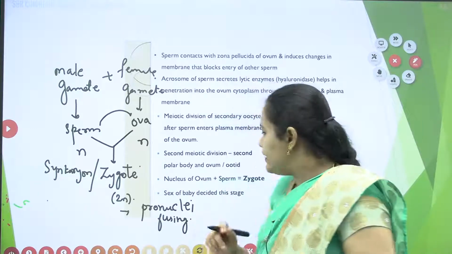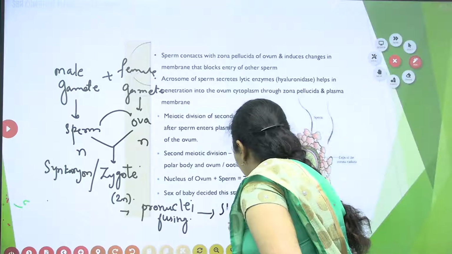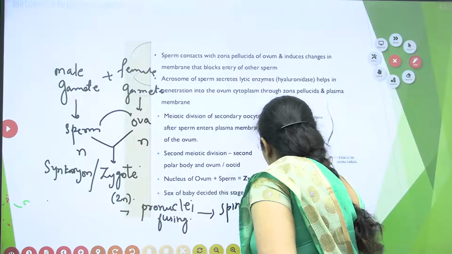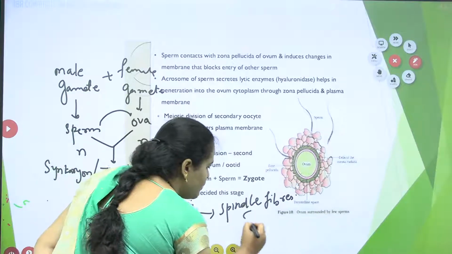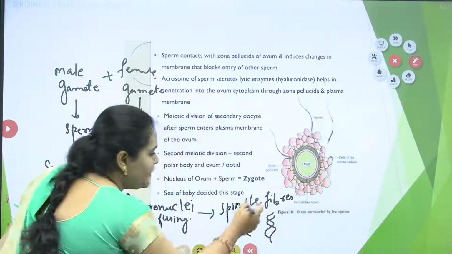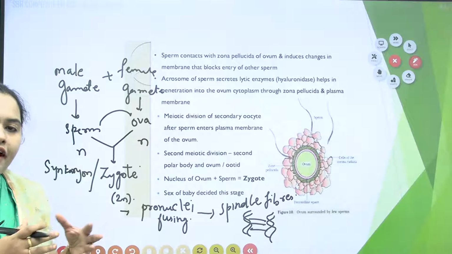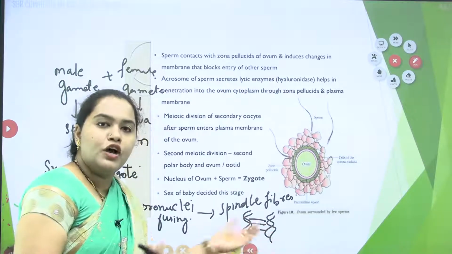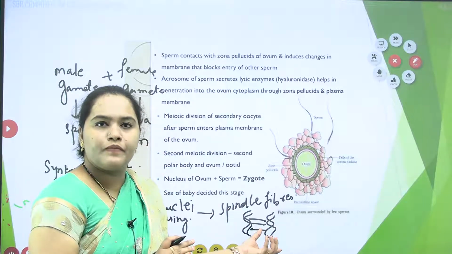So what happens during the fusing of these pronuclei is that spindle fiber formation will be there between the two sets of chromosomes. One chromosome of the father, another chromosome of the mother, and in between these two, the spindle fiber will get formed to hold the chromosomes together so that they will not get dispersed into the cytoplasm.